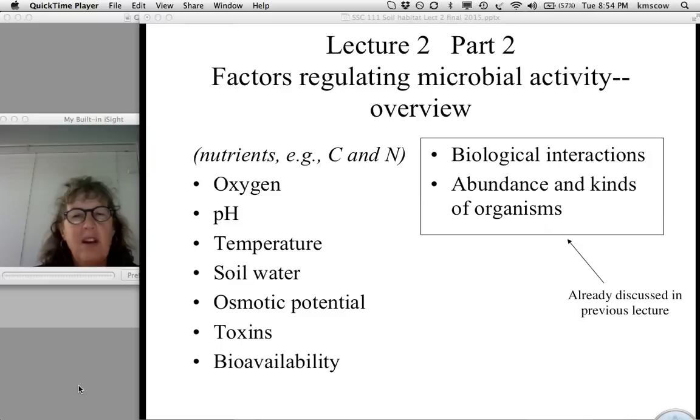And we're not really going to look at nutrients here, carbon and nitrogen in particular. That will come up later when we look at the biogeochemical cycling. And you also know we already have looked at biological interactions among different groups of organisms in soil. But we're focusing, as I said, on the physical and chemical.